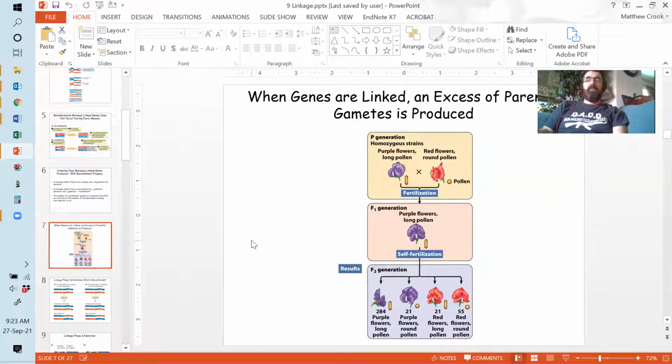Okay, so again, key point, recombination frequency is proportional to distance. Further apart, the higher the recombination frequency, getting up to 100% between 2 points. The closer, the lower the frequency, getting down to 0% if 2 genes are completely linked.